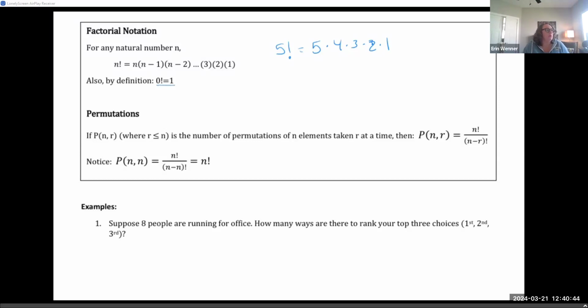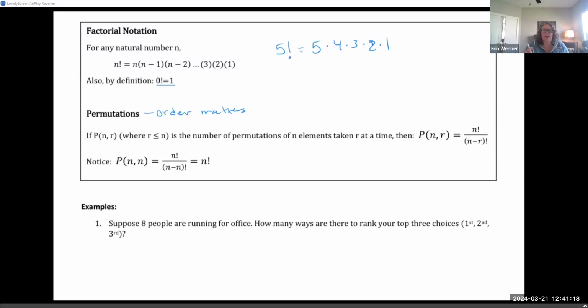So we're going to look at the concept of permutations. And the big thing you want to remember with permutations is that order matters. If you have nPr, where you have n items taken r at a time, where the number you're taking is less than the amount you have to choose from, and it's the number of permutations of n elements taken r at a time, then P(n,r) is n factorial over (n minus r) factorial.